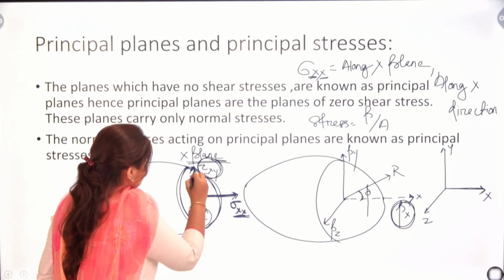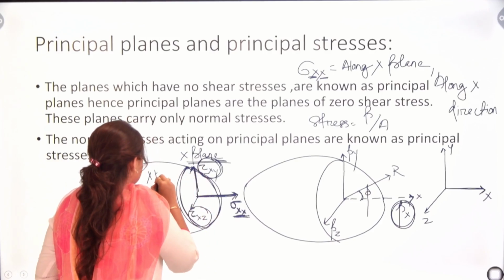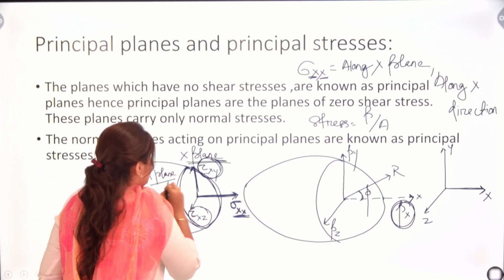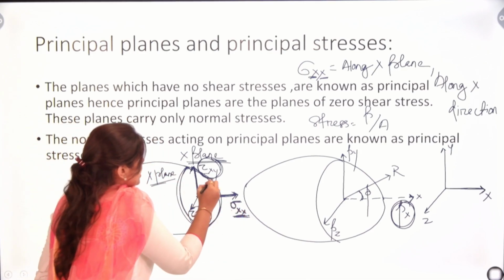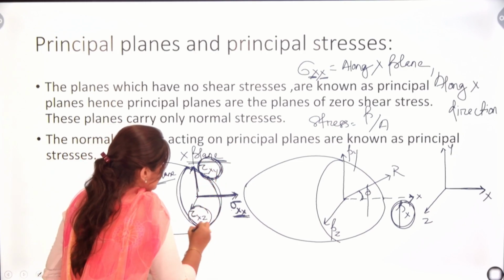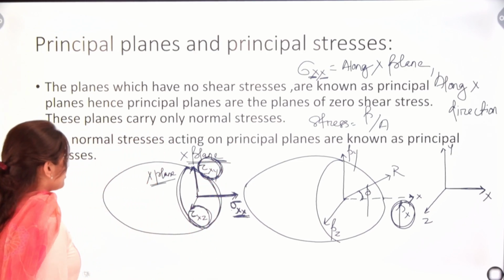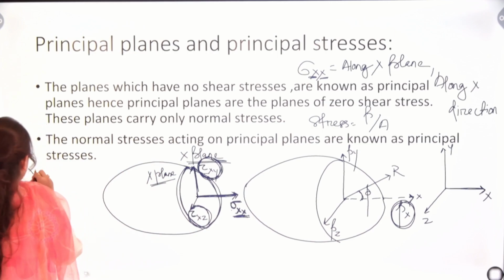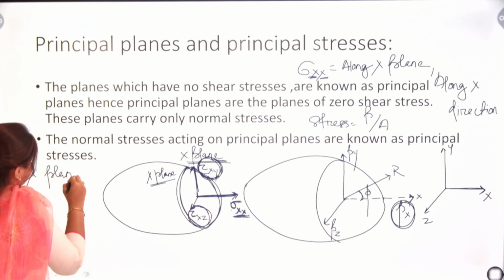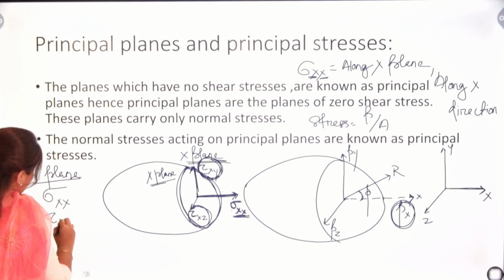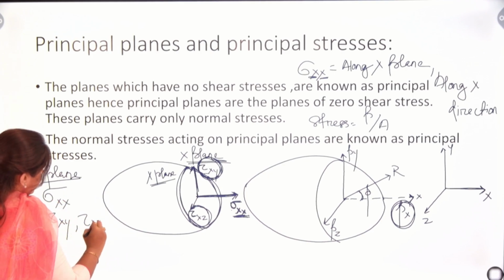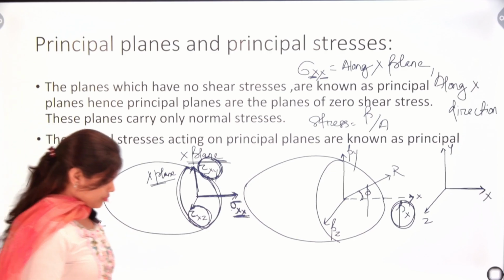So, in case of what? X plane, we will have normal stress as sigma xx and shear stress as tau xy and tau xz. Okay. So, in x plane, we will have normal stress as sigma xx, tau xy and tau xz, right.